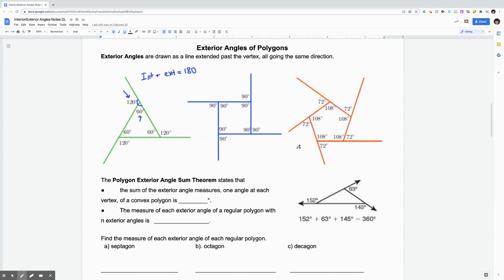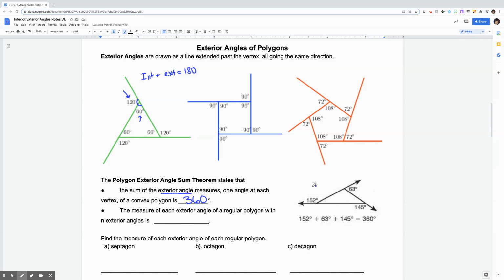Okay? All right. So the exterior angle rule is that no matter what the polygon looks like, no matter how many sides or angles it has, the sum of all the exterior angles is always going to equal 360 degrees. Always, always, always.